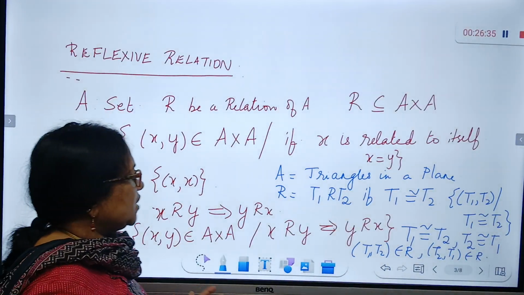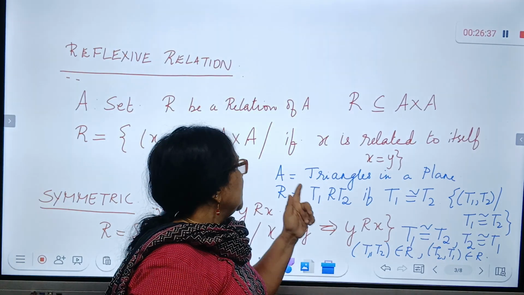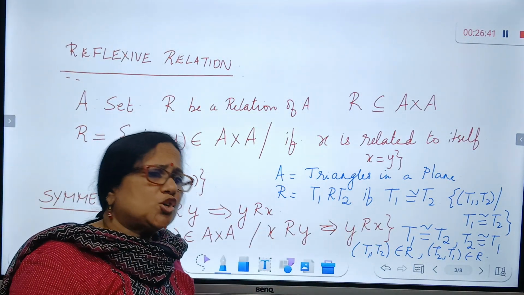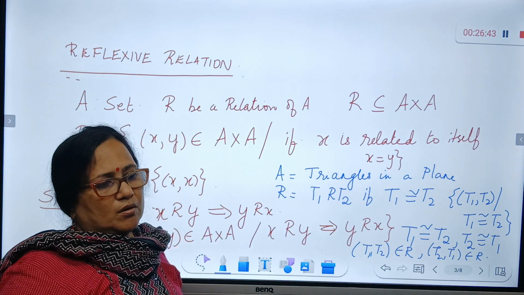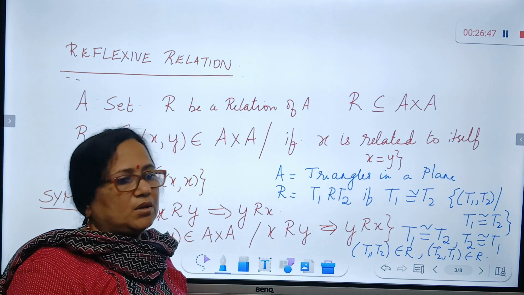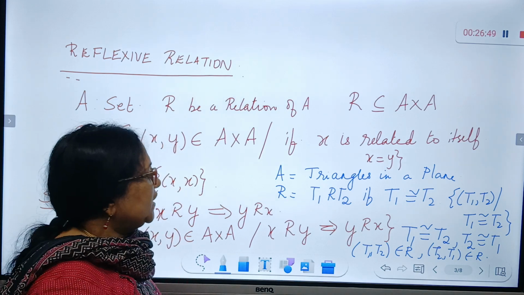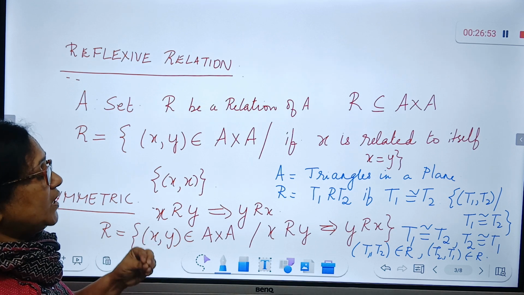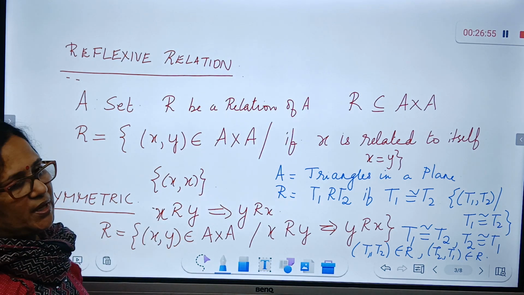Here, what are your x and y? Triangles in a plane. A is the set of all triangles in a plane. Let me take any choice of T1 and T2. If T1 is congruent to T2, T2 is also congruent to T1, right? Therefore, it is an example of a symmetric relation for every choice of T1 and T2 coming from A.